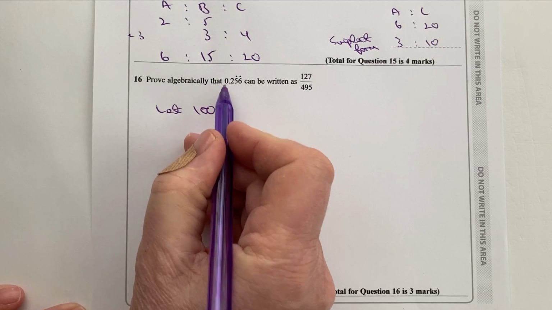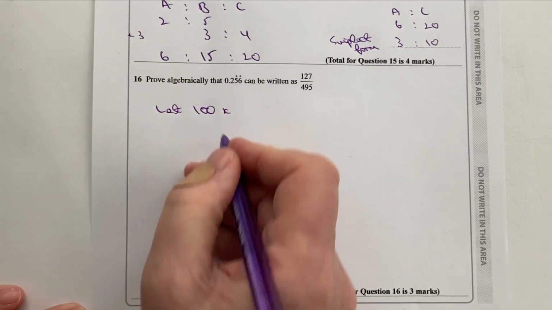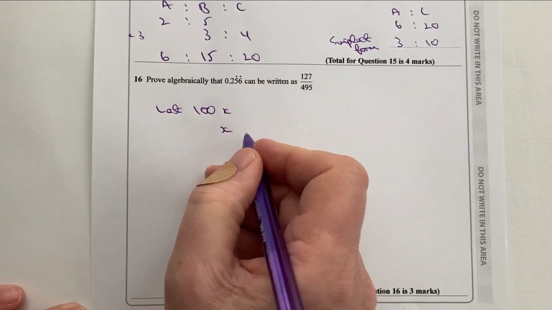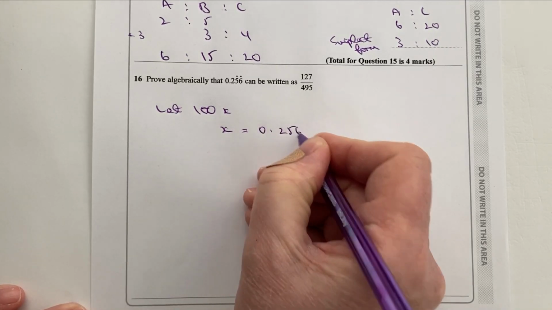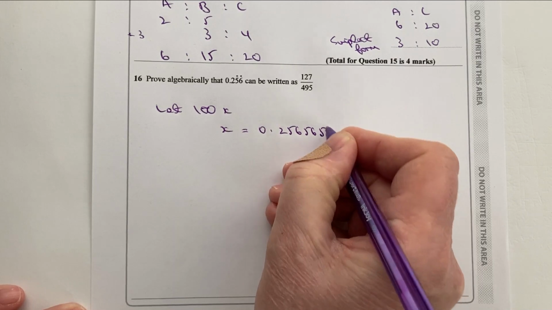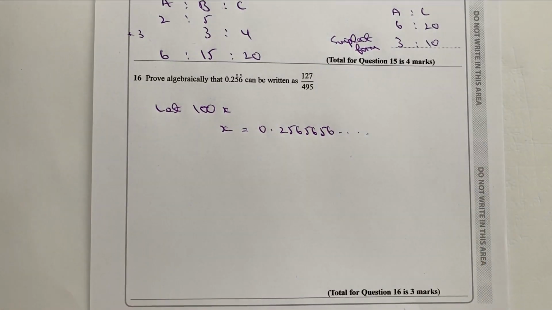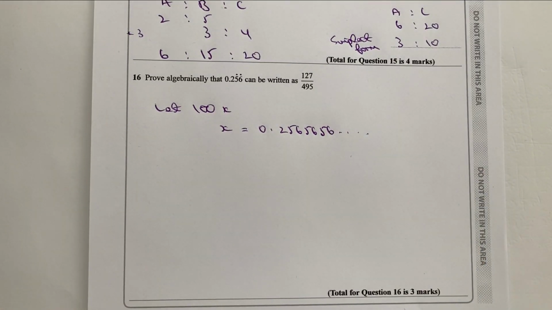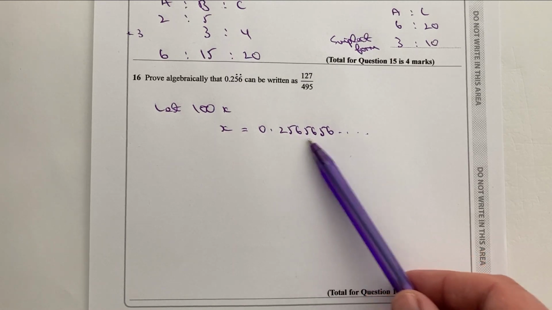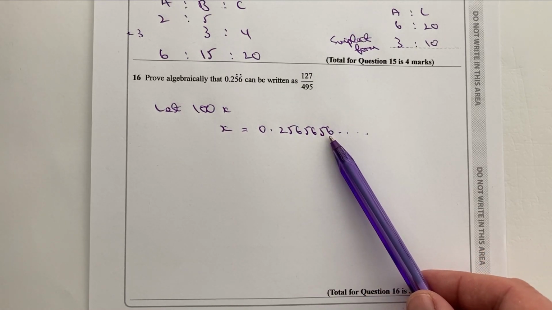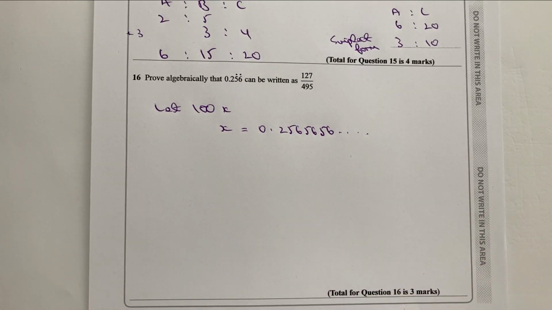Okay, so what I'm going to say is let x be 0.2565656 and so on. Okay, that's fine. Happy with that, hopefully. Now, the objective really is to get rid of as much of this recurring decimal places after the decimal point as you possibly can.